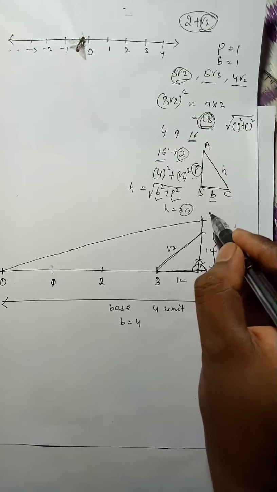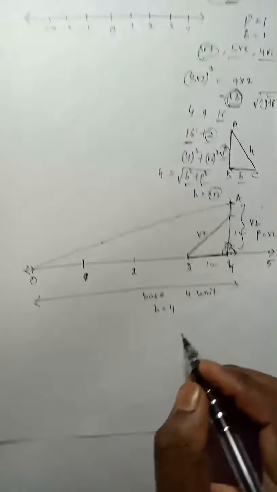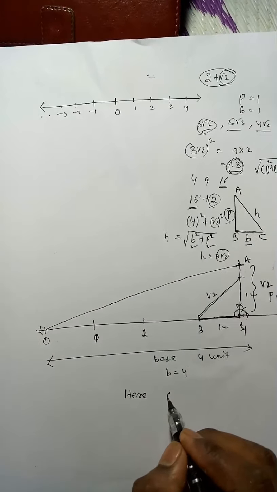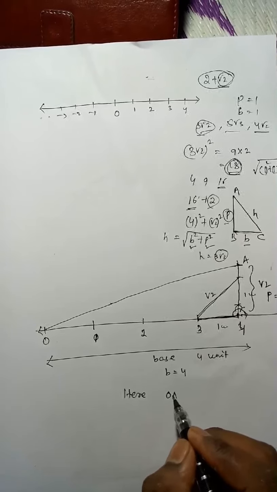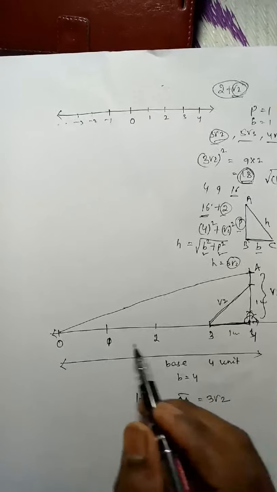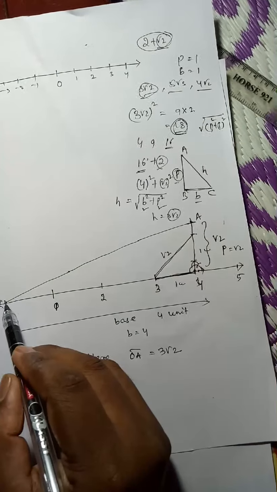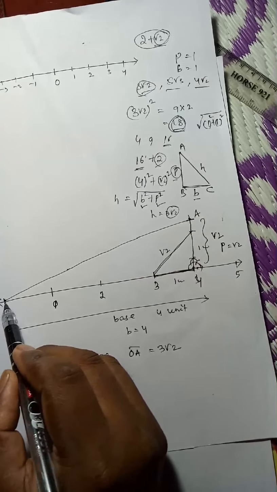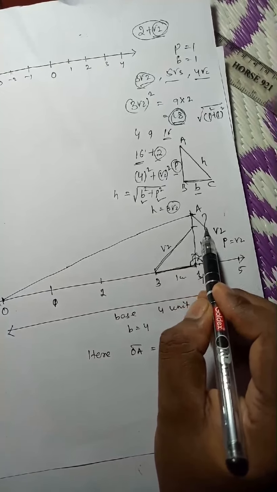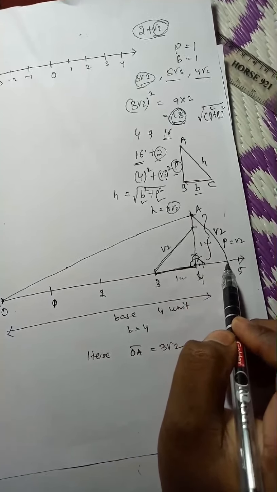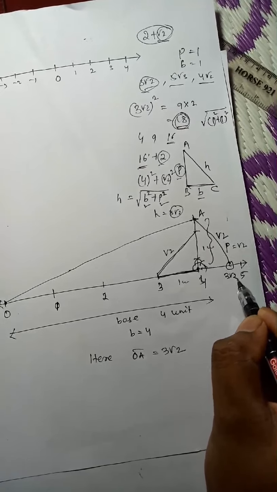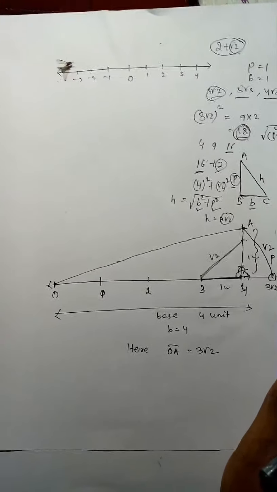Suppose this is a point A, here 0A is equal to 3 root 2. Now we take the compass point here and the pencil point here. Now draw this here. Okay, this is your 3 root 2 required point.